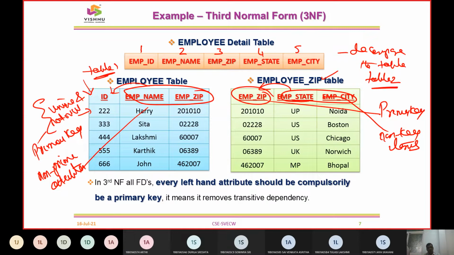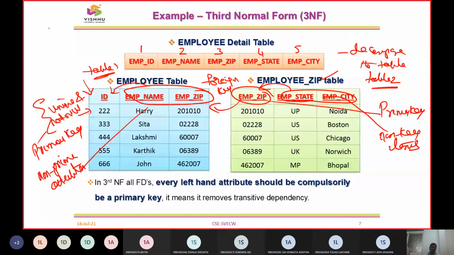Then what will be the other issues which need to be looked at? The other issue was, if I want to make a relationship between table 1 and table 2, how can I do it? In that case, we use the foreign key constraint, that is employee zip, and via this foreign key we are able to link the tables.